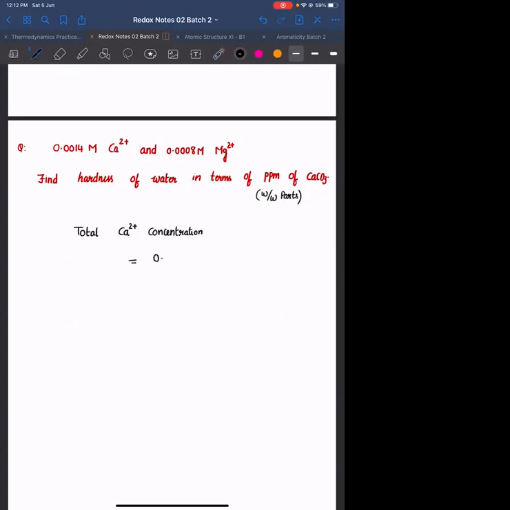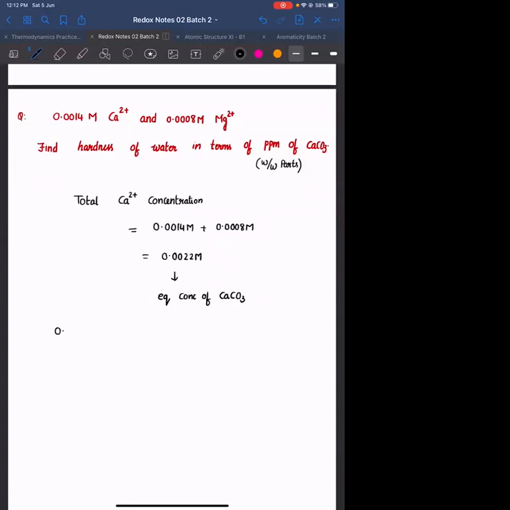So what is the total Ca2+? 0.0014 molar plus 0.0008 molar, which is equal to, how much is this? 0.0022 molar. This is nothing but equivalent concentration of CaCO3. Agreed?